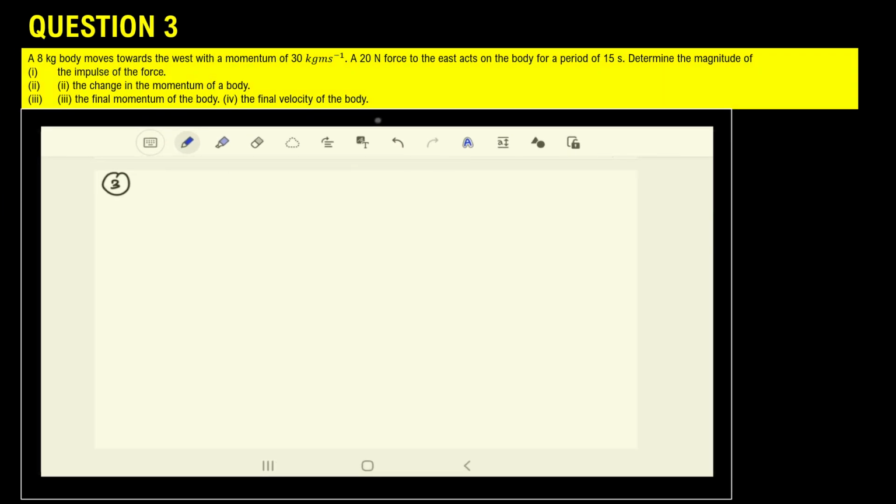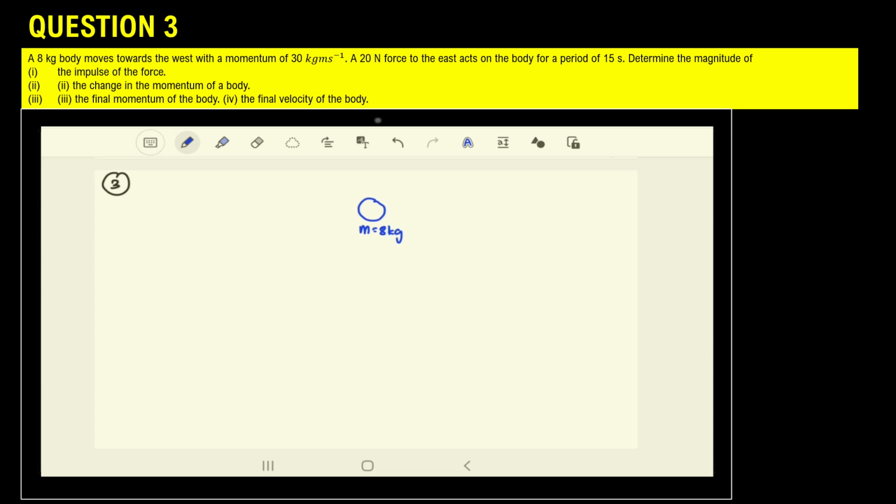Okay, question number 3. We have an 8 kg body that moves towards the west with a momentum of 30 kg meter per second. So let's say this is the mass of a body, which is 8 kg. It moved to the west.